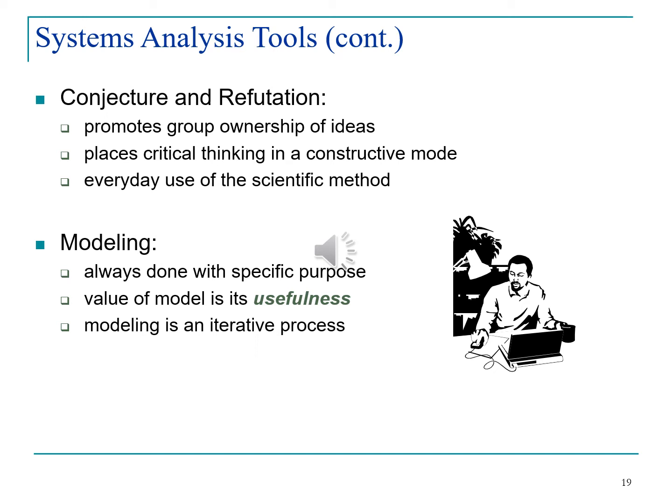Value of model is usefulness, meaning that this is something that people can use to get insights. And remember that modeling is an iterative process, so you will not get the model right on the first try. So you have to go through the iterative process until you make it realistic and useful.